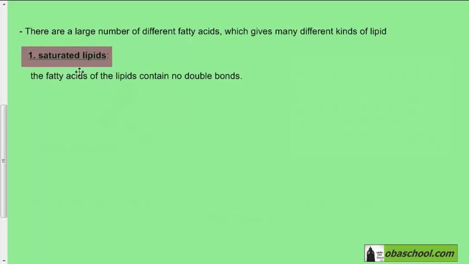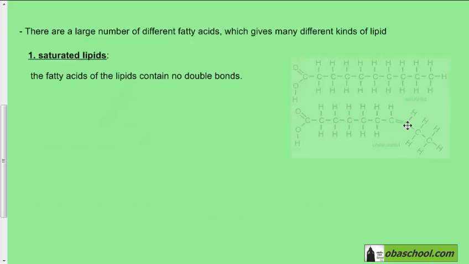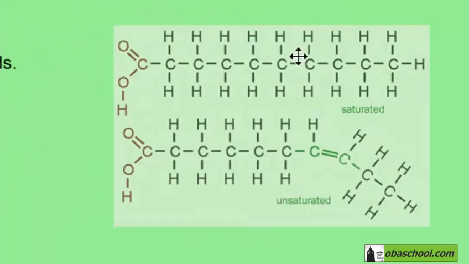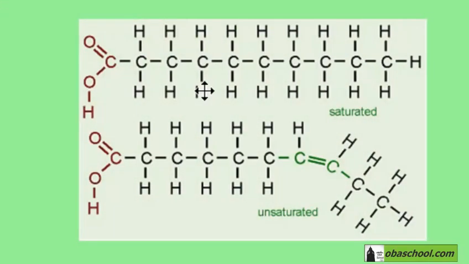In these saturated lipids, the fatty acids contain no double bonds. So in the structure of a saturated lipid, we will find only single bonds between carbons and hydrogens.